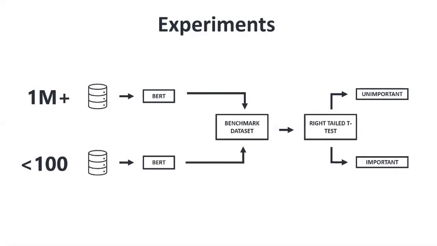We then evaluated the performance of each model on a benchmark dataset and compared their results using a right-tailed t-test. In essence, if the performance of BERT after training on the large dataset produced a statistically higher result than training on a small dataset, then we concluded that scale was definitely an important feature to consider.